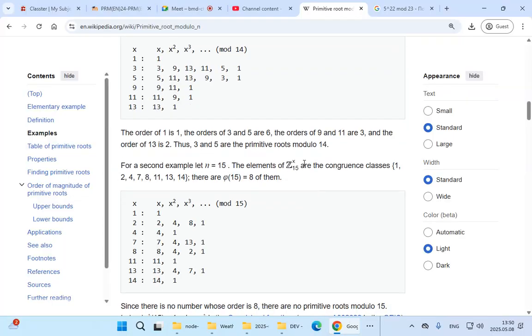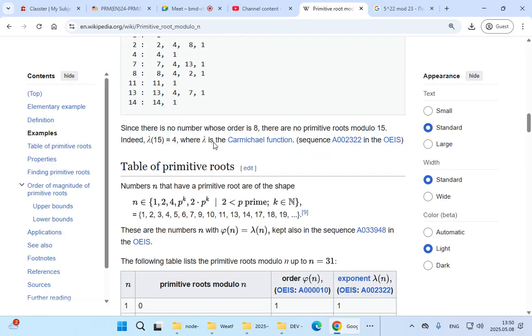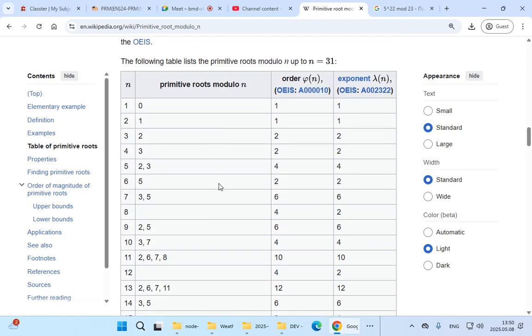And there is a table. You can see that if you have mod 14, there is nothing interesting. But here is a table, and you can see that if you have, for example, 3, it will be a primitive root modulo 4.